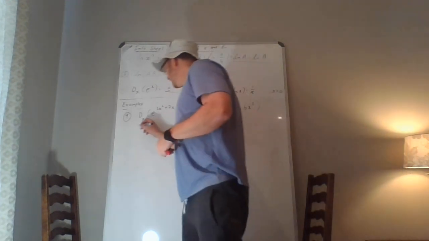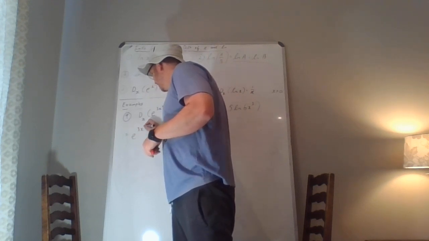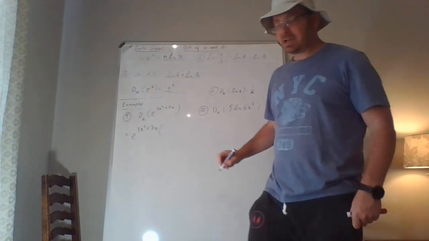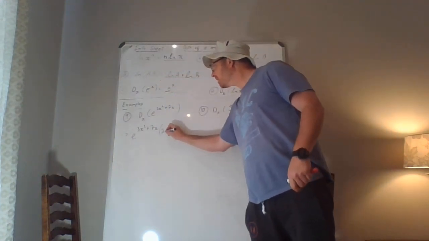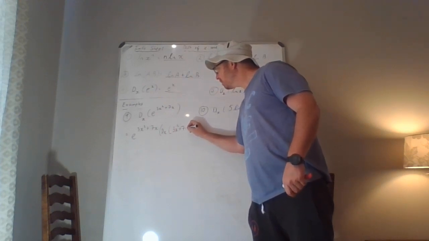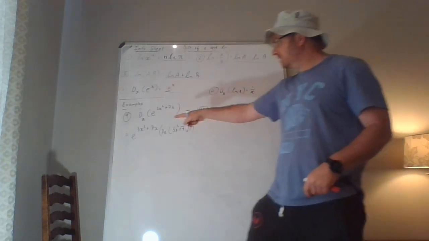So, the derivative of e to the f of x is simply going to be e to the original function, so it will be e^(3x² + 7x) times the derivative of the inside function, which is 3x² + 7x. So that's going to stay the same.